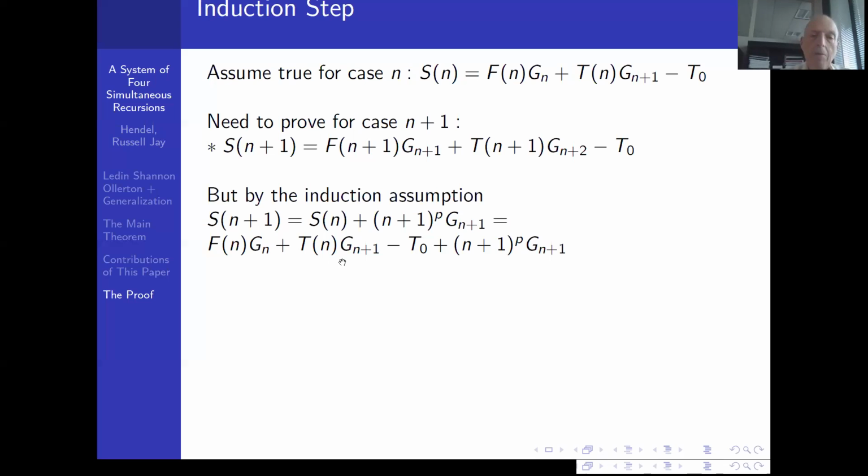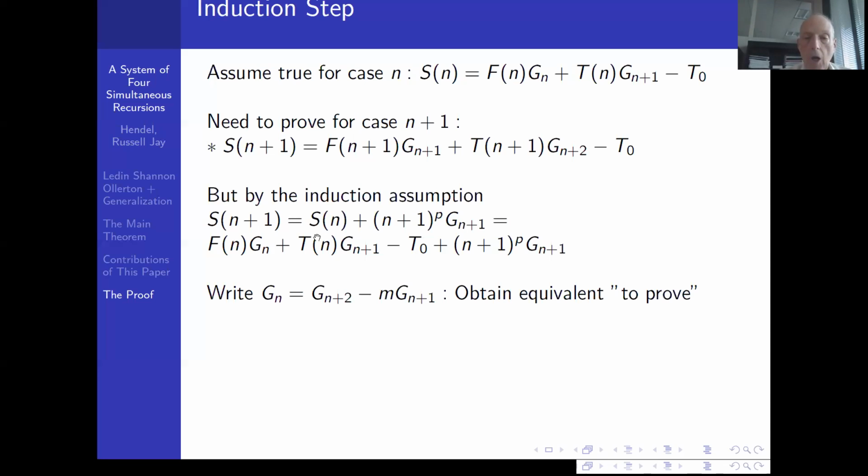That's not a problem because the recursion tells me that G_n, G_{n+1}, and G_{n+2} are related. So I can write G_n in terms of G_{n+2} and G_{n+1}, and that allows me to write the second equation. So I'm going to obtain an equivalent statement to prove by writing G_n as G_{n+2} minus m G_{n+1}, which is just the defining recursion: G_{n+2} is m G_{n+1} plus G_n.